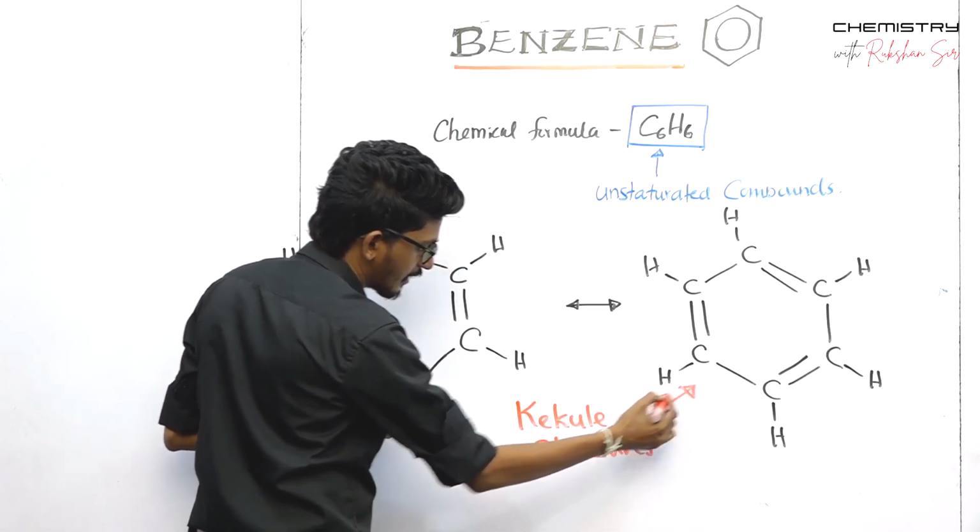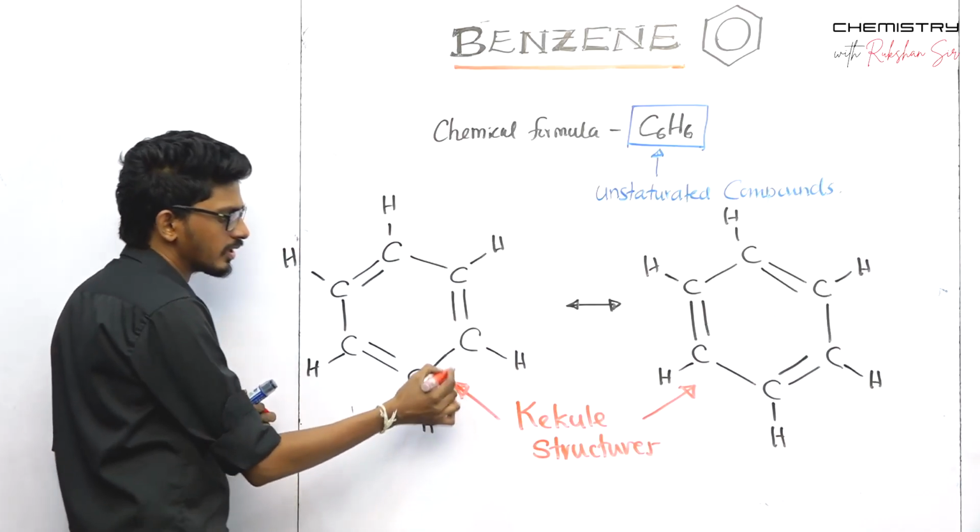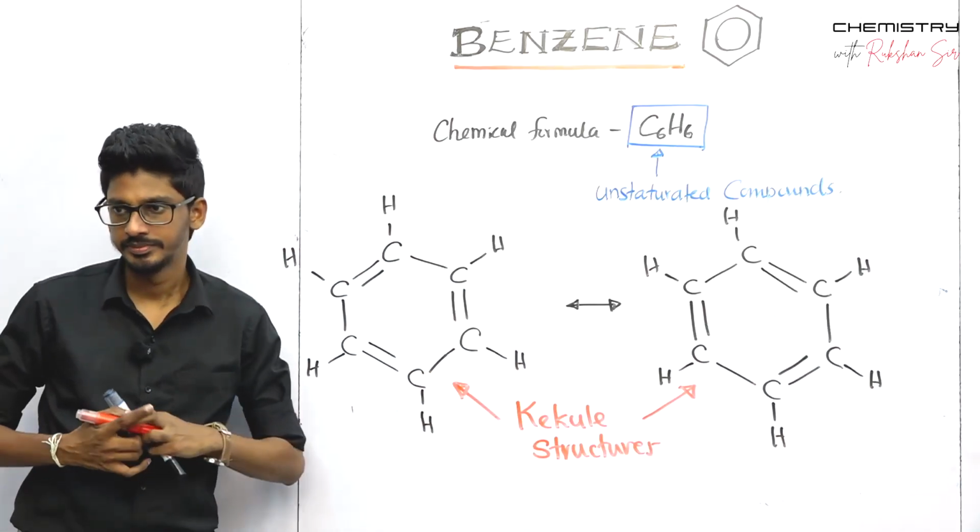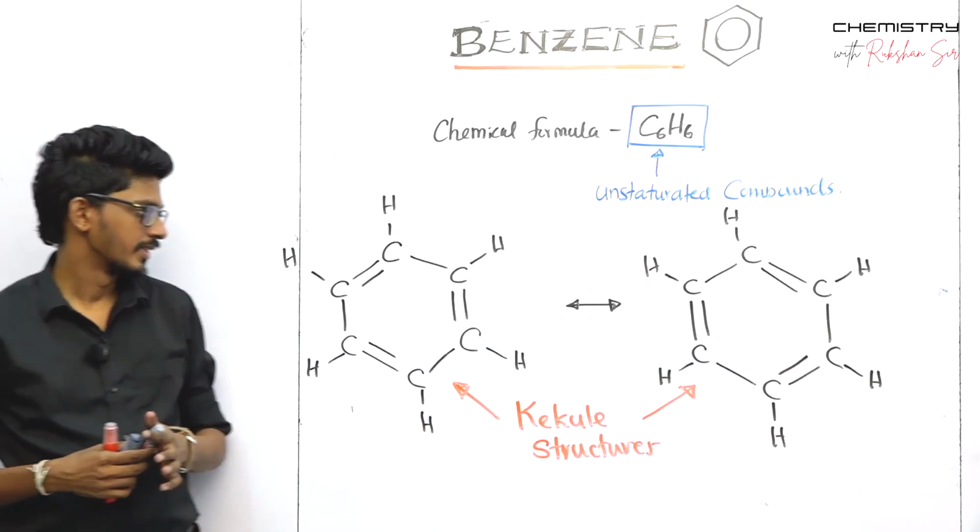So we can say benzene is a hybrid of two Kekulé structures. So that is the idea.